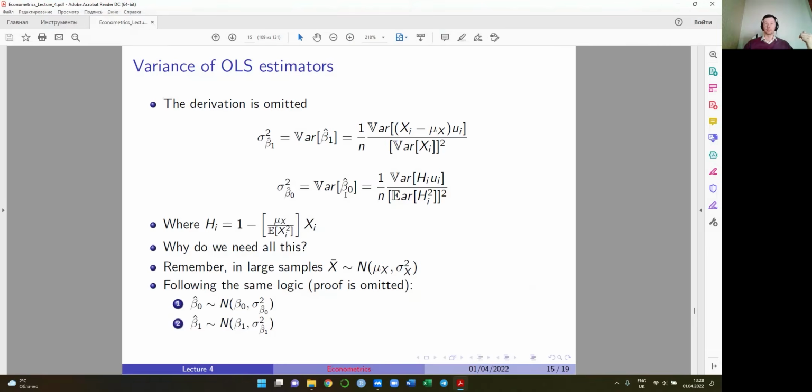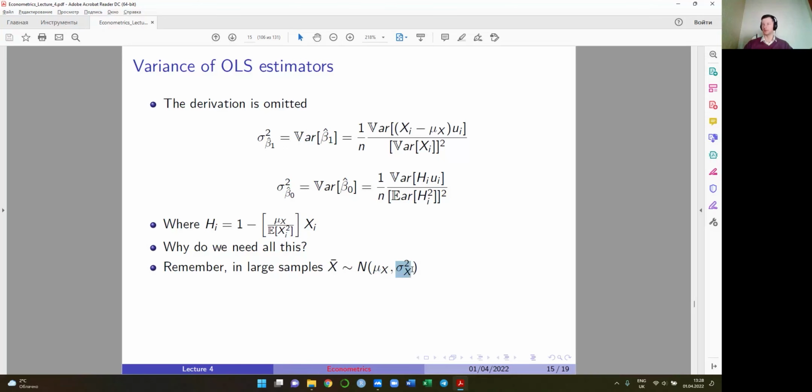And now let's go back to the previous slides. If we claim that in large samples the sample mean has a normal distribution with expected value mu of x and variance sigma squared of x, it must be divided by n.